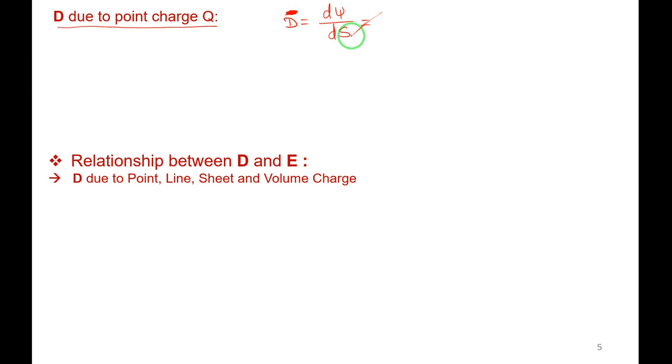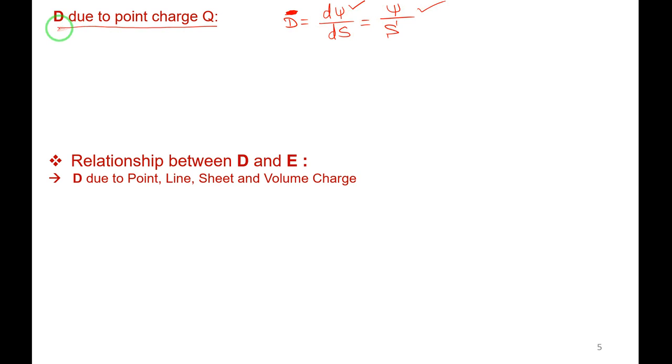If I consider the entire surface, the total amount of flux lines leaving the given closed surface is psi by S, one and the same, right? This is for a smaller surface, and this is for the entire surface, right?